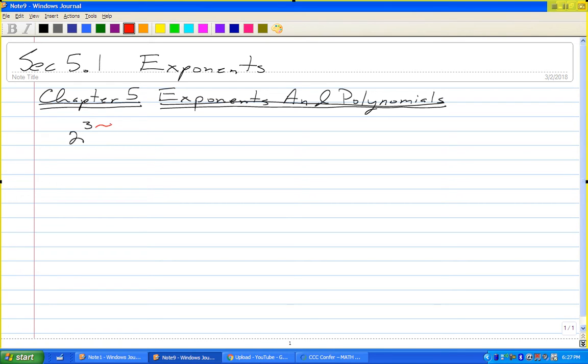Then this is my exponent, 3, and 2 is my base. And it's going to equal 2 times 2 times 2. The base will be multiplied the exponent number of times.